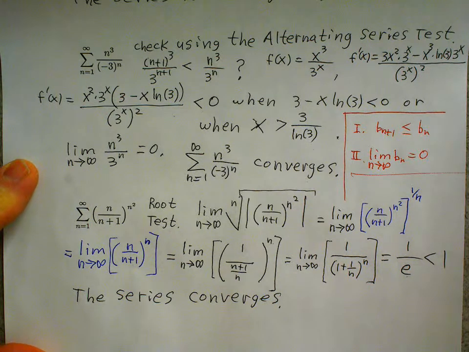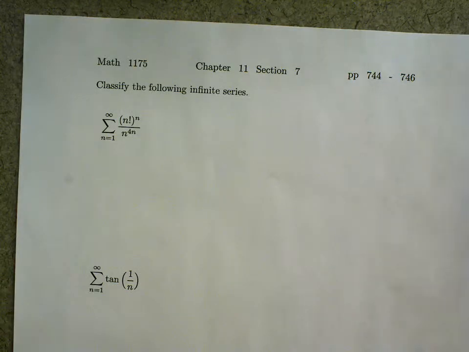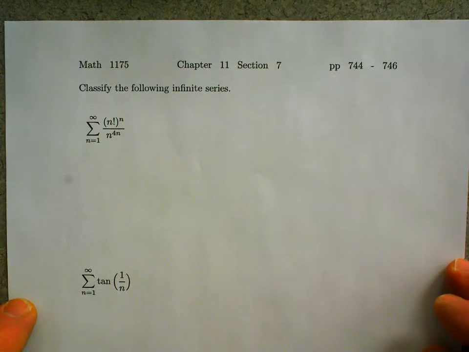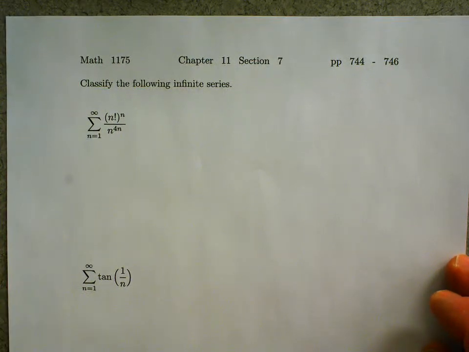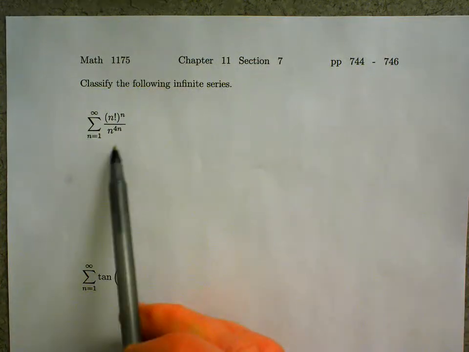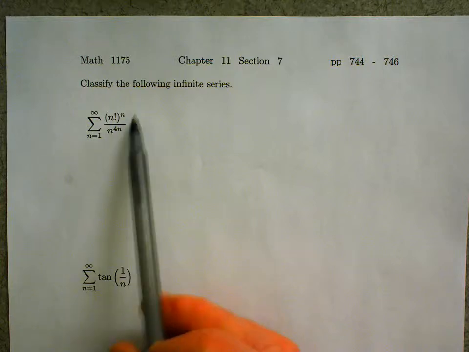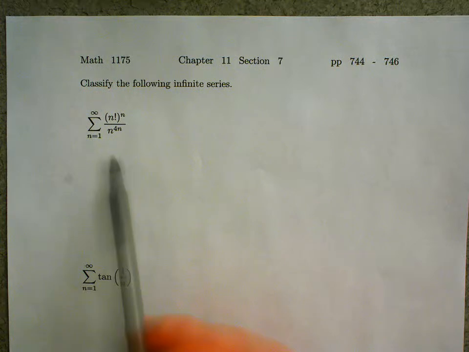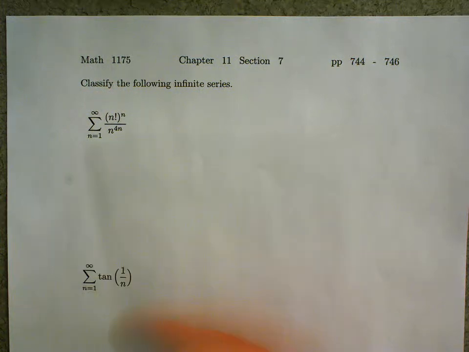All right, let's look at the next page. Three more examples. In this series, the terms are n factorial to the n over n to the 4n, and n ranges from 1 to infinity.